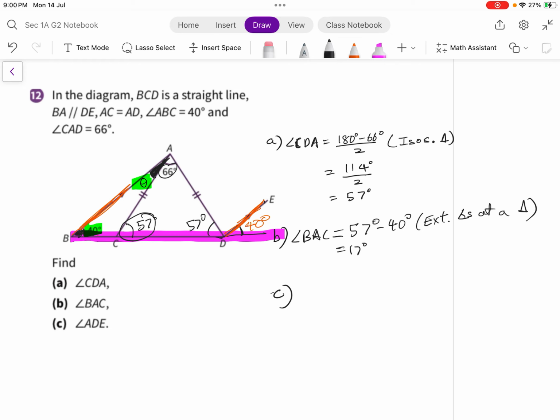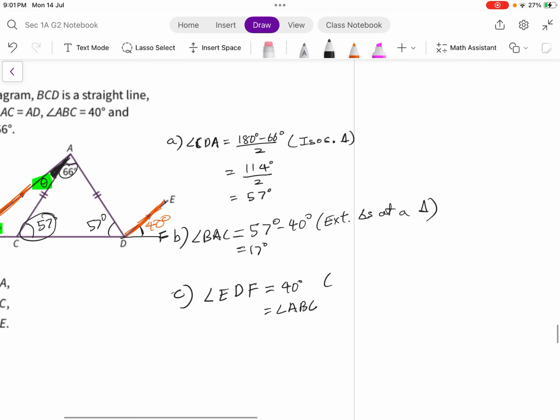So from here, I need to find angle EDB. Oh no, not angle EDB. Okay, let's call this F. Angle EDF equals 40 degrees because it equals angle ABC.